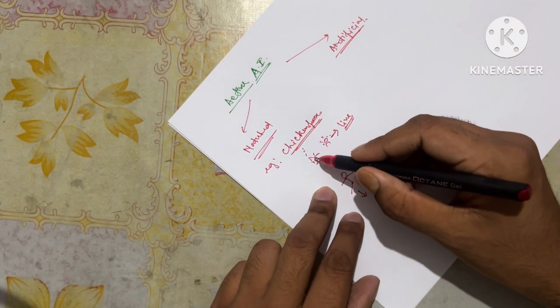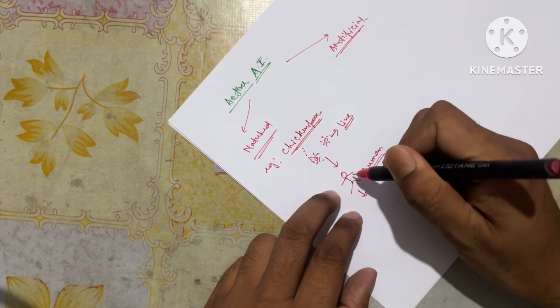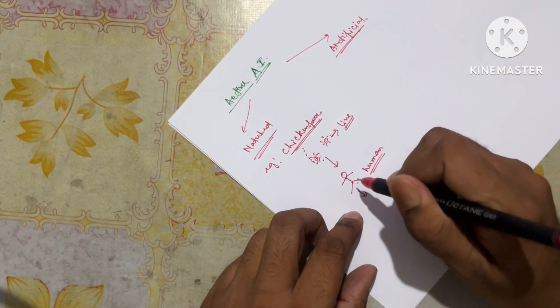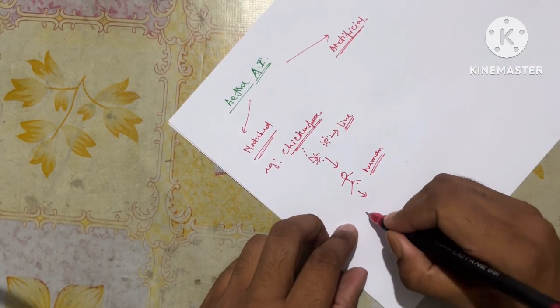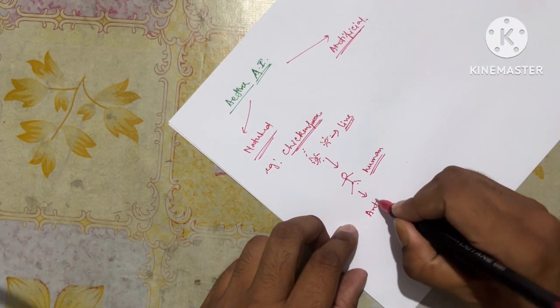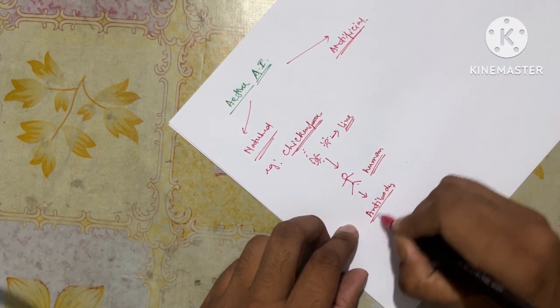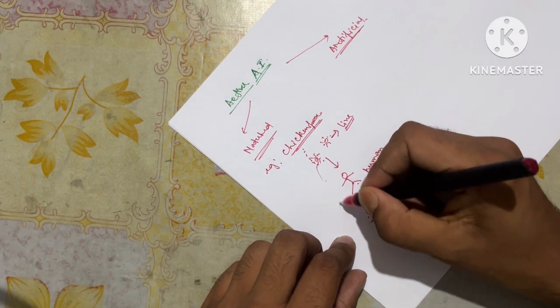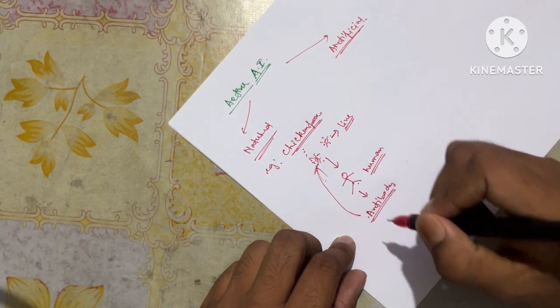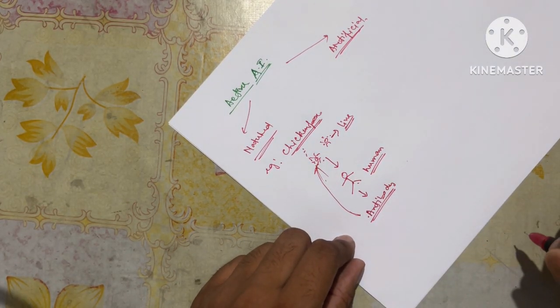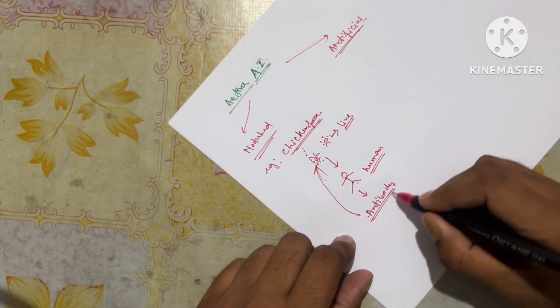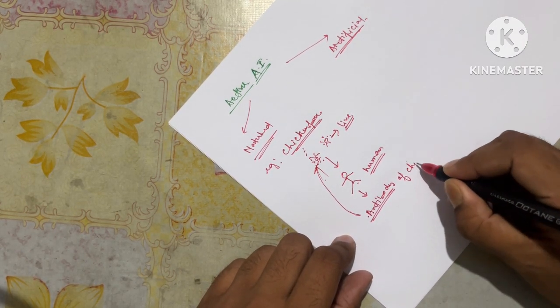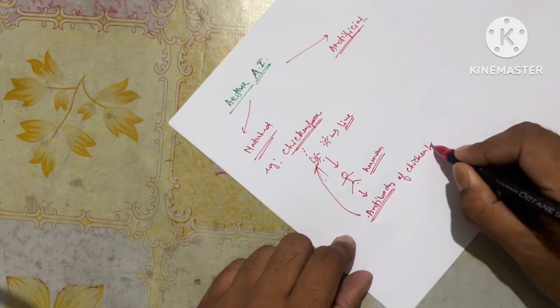When chickenpox enters the body for the very first time, the person will make antibodies against that chickenpox. He now has antibodies of chickenpox.